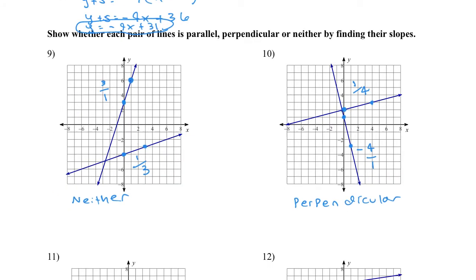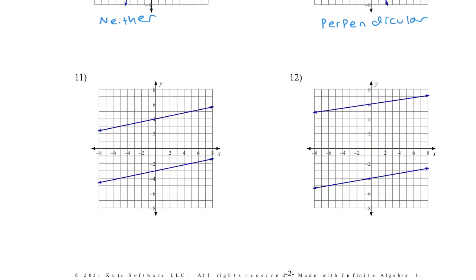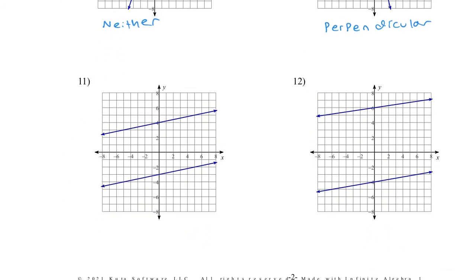Okay, next one, number 11. So my slope here, from here to here, I'm going up 1/5. On this one, I'm going, again, up 1/5.